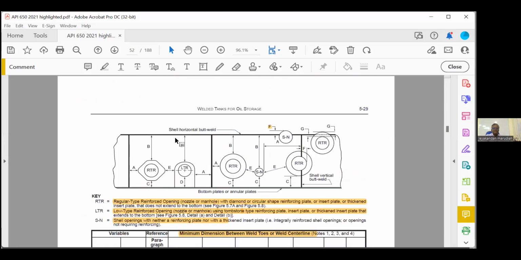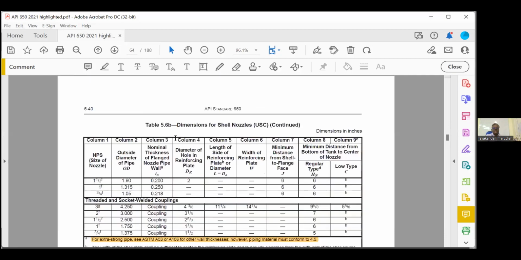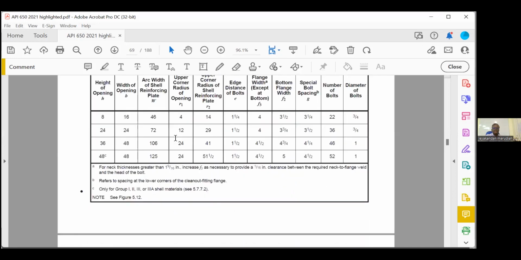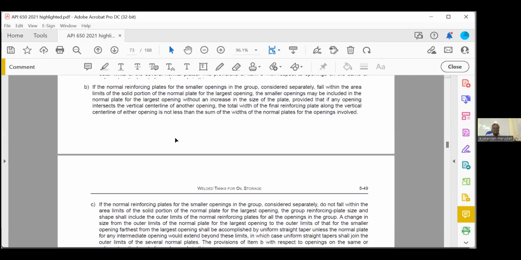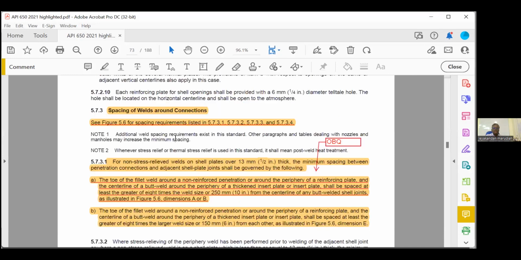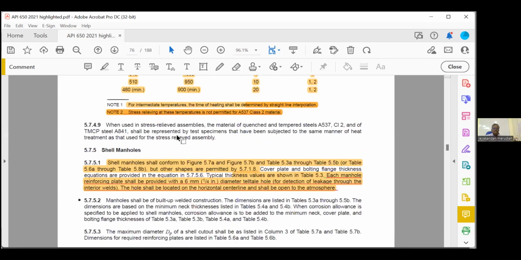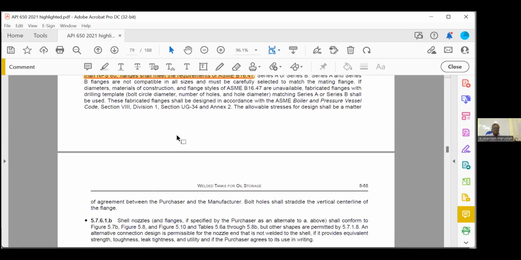There will be a page on permanent attachments. Just move on. There will be a paragraph on permanent attachments. So in the exam also you have to scroll to it. You can see shell manifold, shell nozzles, first type.